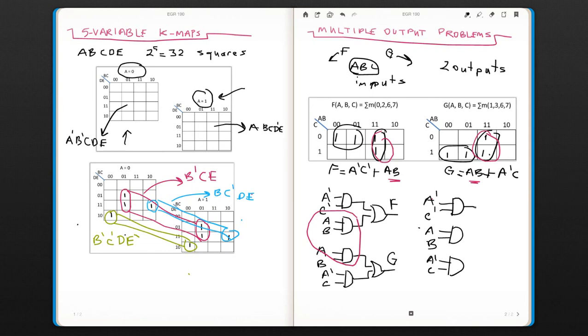So this is gonna go to an OR gate that'll give us F, and this again will go to another OR gate which will give us G. So we use the same gate for both outputs, so there's one less gate.